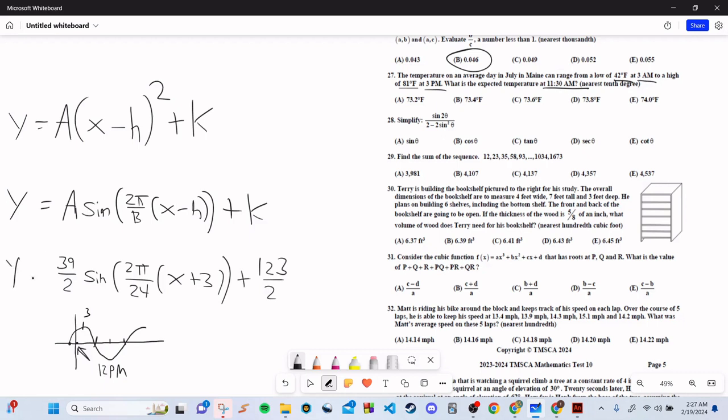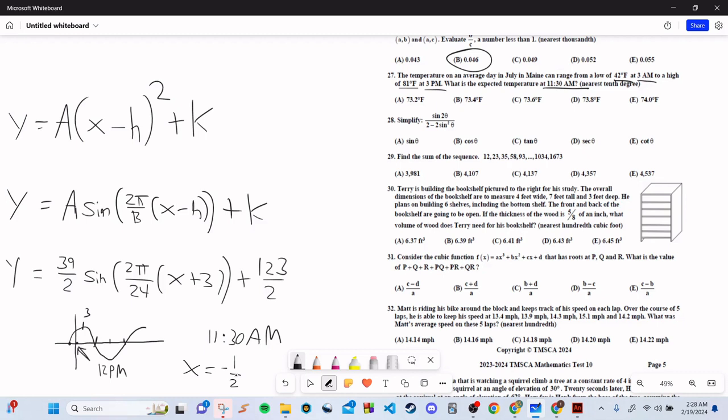And so this becomes our equation, right? And so if we were to want to get the value at 11:30 a.m., that'd be equivalent to getting the value at x equals negative 1/2, right? Because it's going to be like half an hour before 12 p.m., which is the origin.